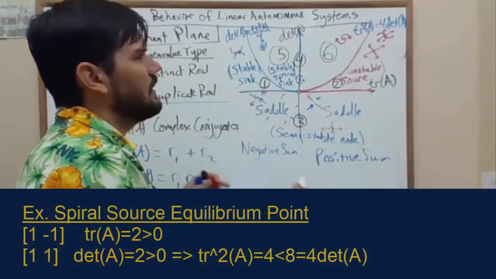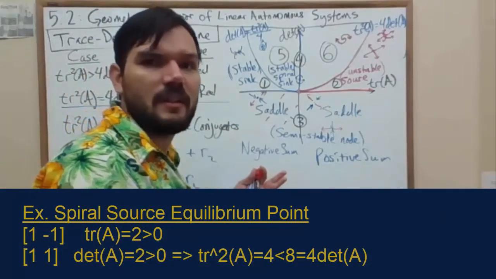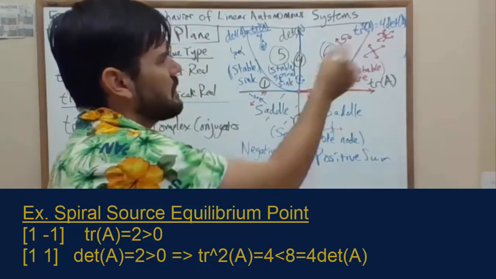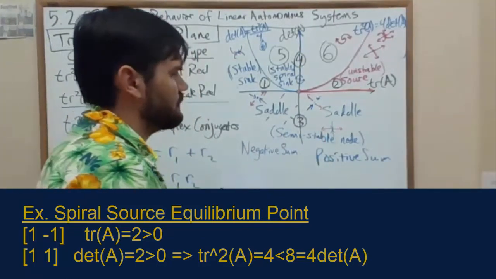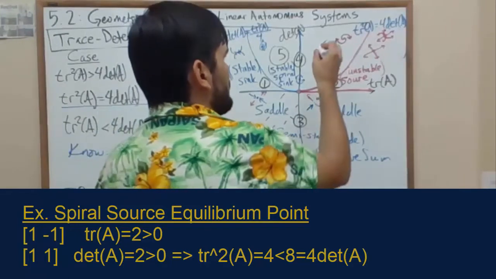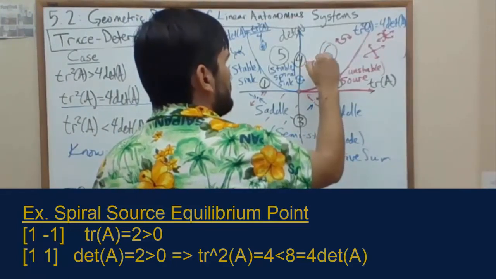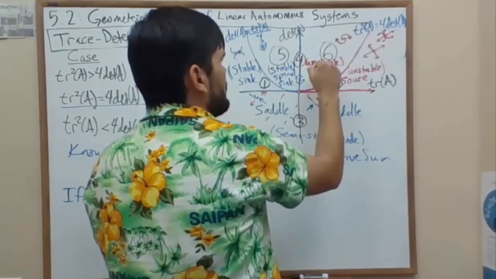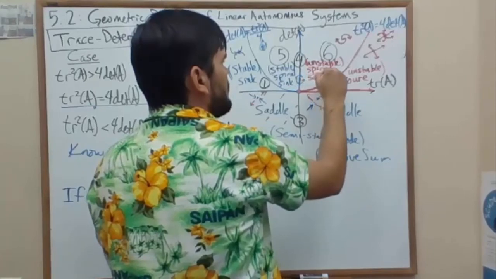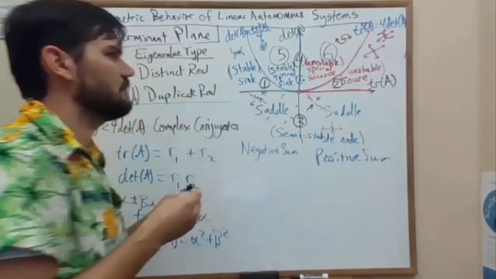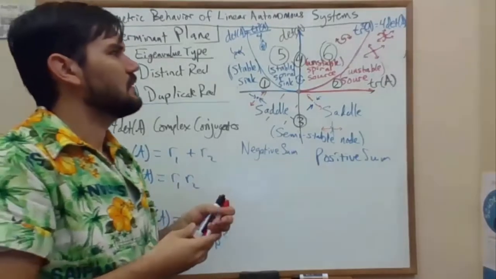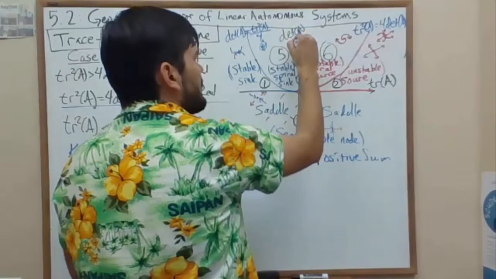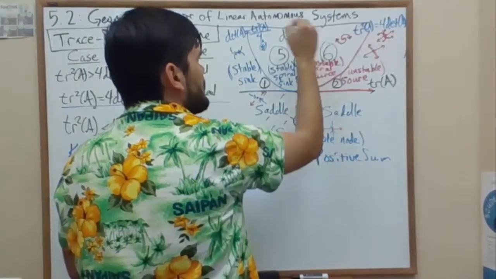And the direction doesn't matter. Well, the direction can be determined by the eigenvectors, but for this purpose, I'm just choosing a direction for the rotation. These are unstable. And we call them each a spiral source. And right in between, we call this a center.